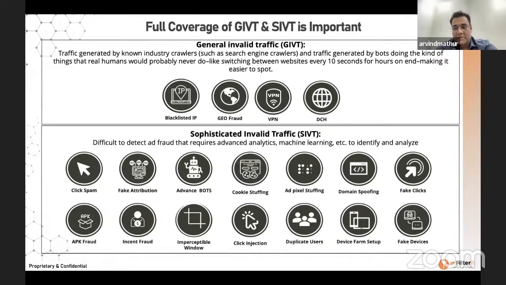But as the industry has become more mature, and the ad fraud industry in specific, bots have become more sophisticated. They're able to spoof multiple device signals. And hence, you need multiple checkpoints and a deeper SIVT approach to understand and detect these bots. And that's where Infiltrate scores.